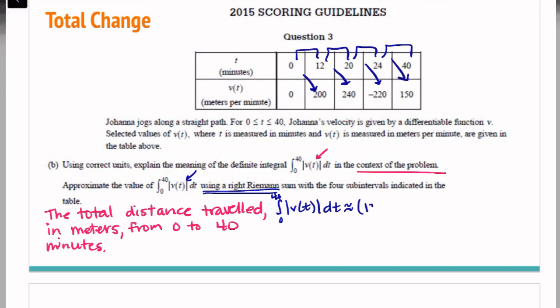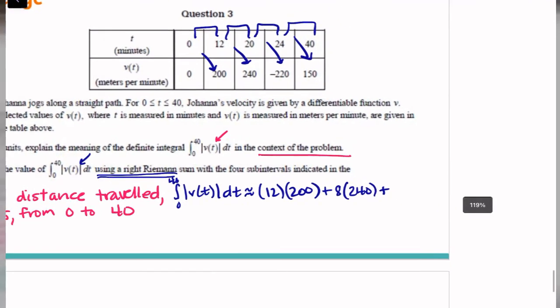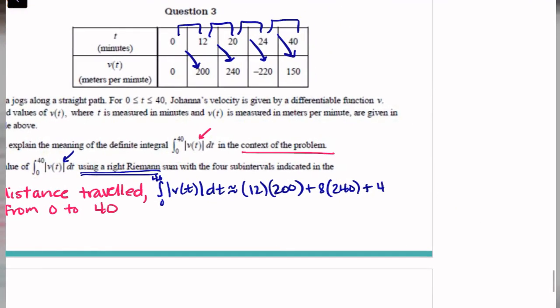So base of 12, height of 200, plus base of 8, height of 240, plus base of 4, now height of negative 220, but remember, all of these are going to have to be absolute values anyways, so we're going to treat it like a positive in the end. Plus, and then 24 to 40 is going to be 16 times 150.